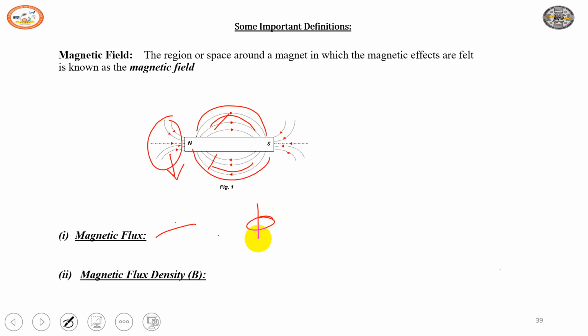Flux is also given as B into A, where B is the flux density and A is the area.